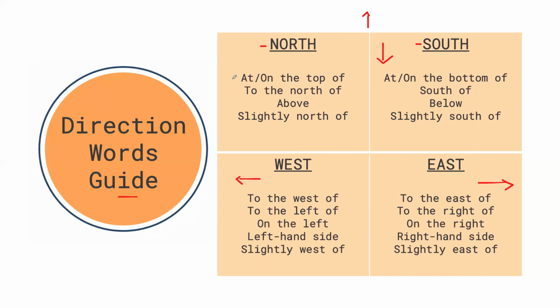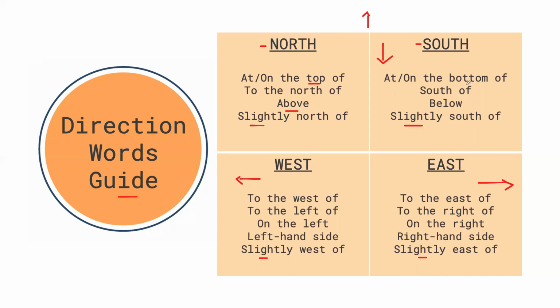I would suggest looking over these phrases. Now, the speaker might say on the top of or above to give directions that are north. You could also say to the north of something or slightly north of, which would be just a bit. Okay, slightly I've included in this table a few times because it's quite popular.